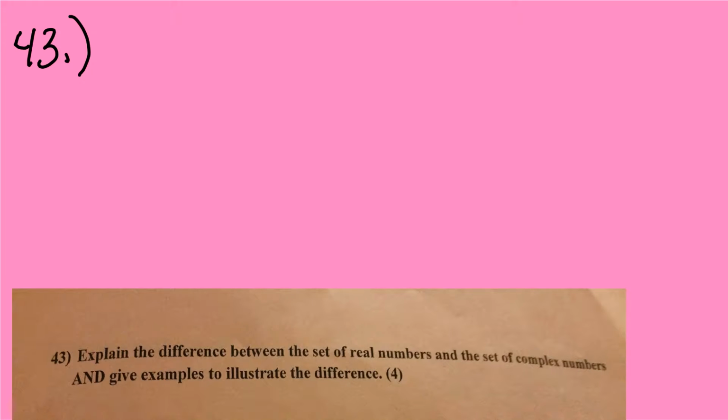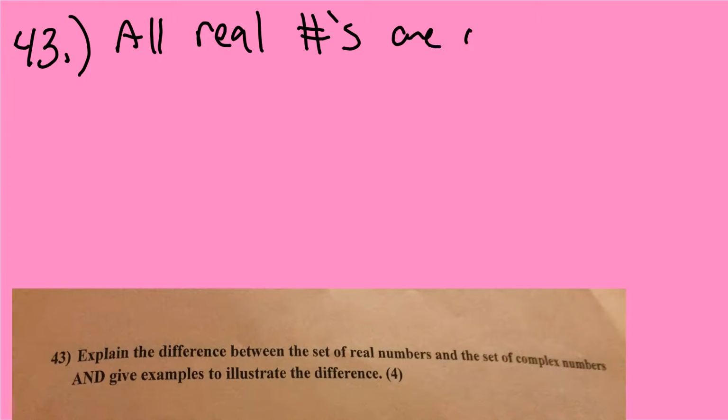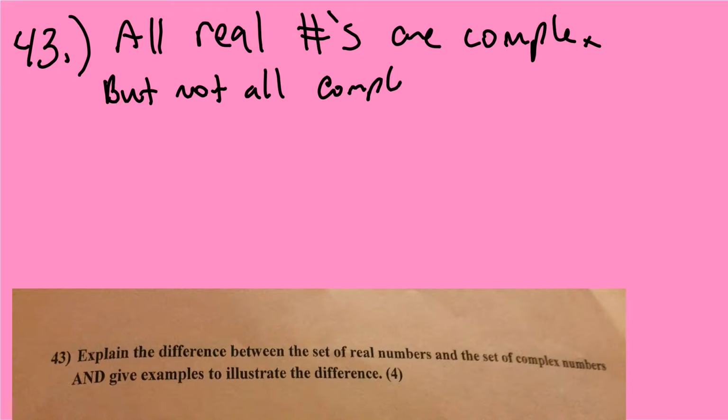Alright, number 43 says explain the difference between the set of real numbers and the set of complex numbers. Give examples to illustrate the difference. So, all real numbers are complex, but not all complex numbers are real.